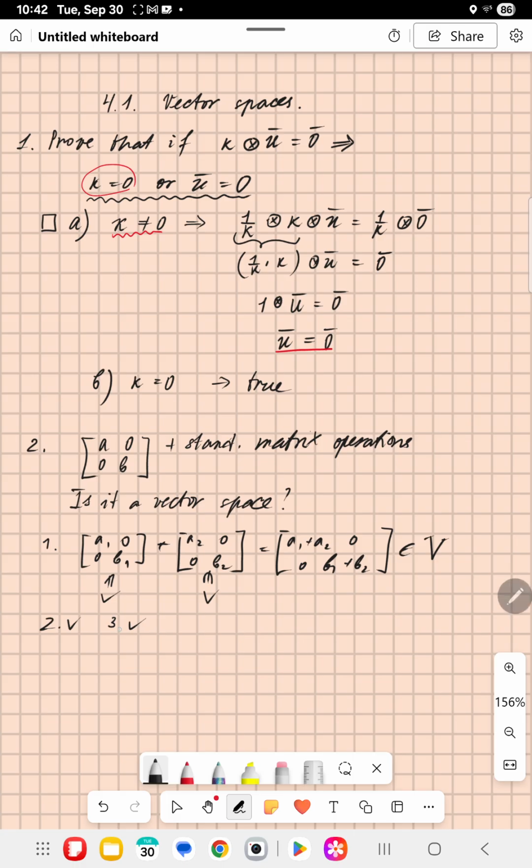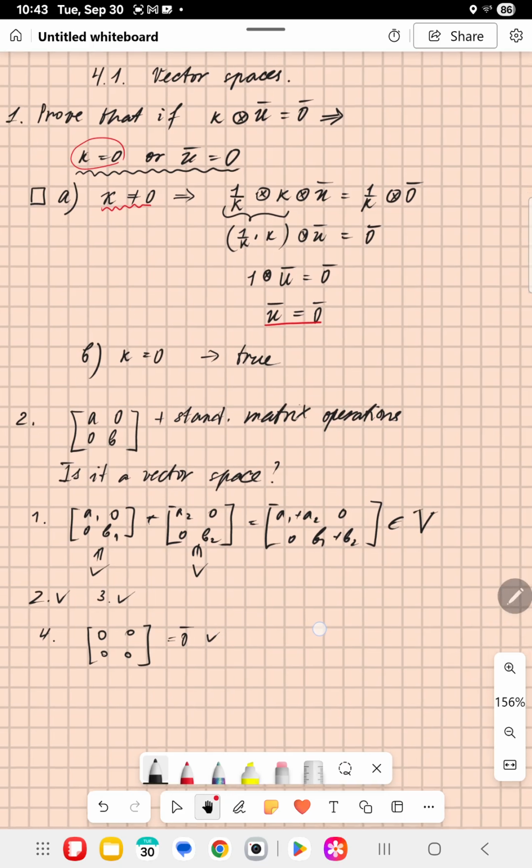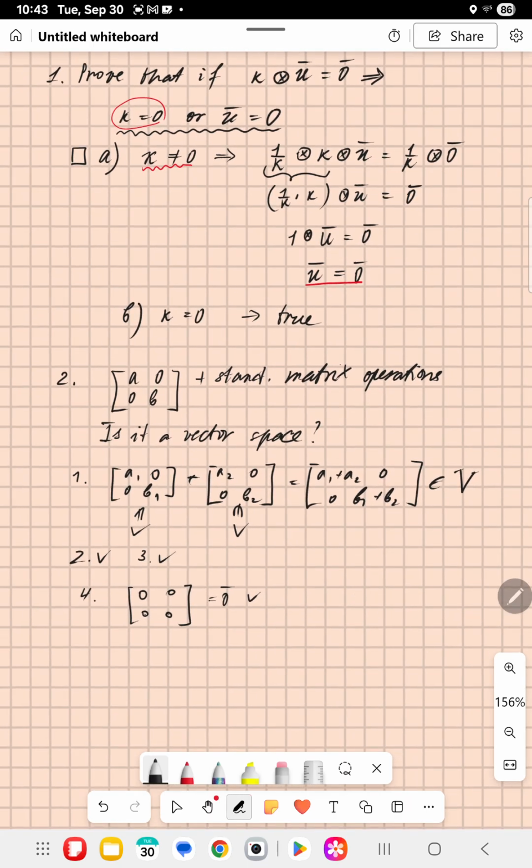Yeah. If we set A and B equal to 0, we are going to have 0, 0, 0, 0. And this is going to work as our 0 vector, because if you add this matrix to any matrix, you still get the matrix itself. So it works, right?